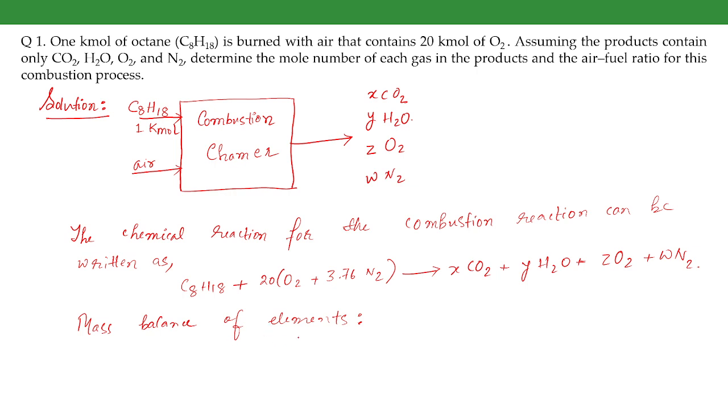So for carbon, if we make the balance, then x will come out to be 8. Similarly for hydrogen, if we make the balance, then we can write twice y equals 18, which gives that y equals 9.